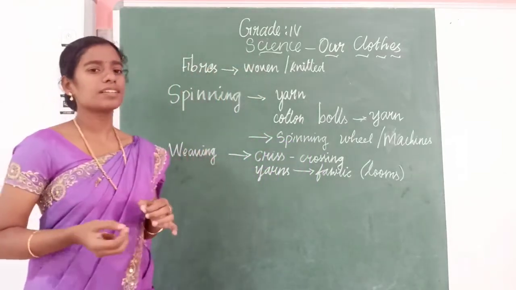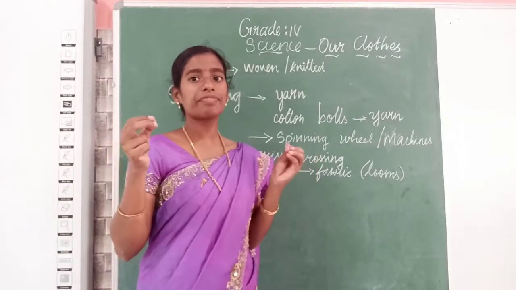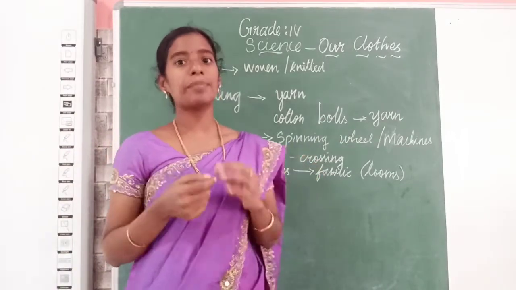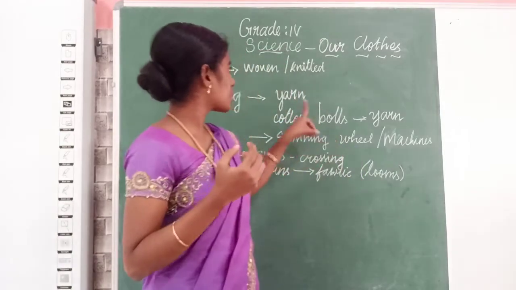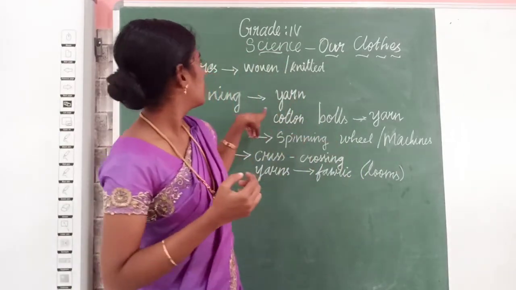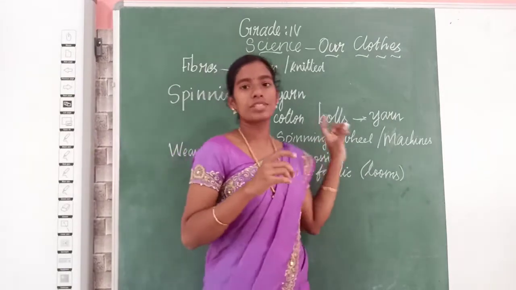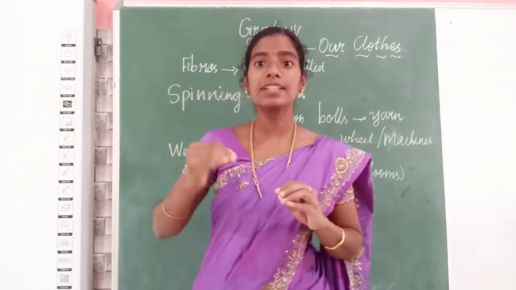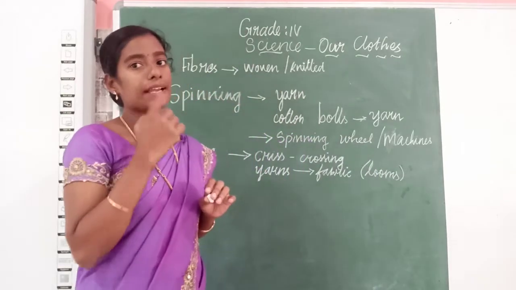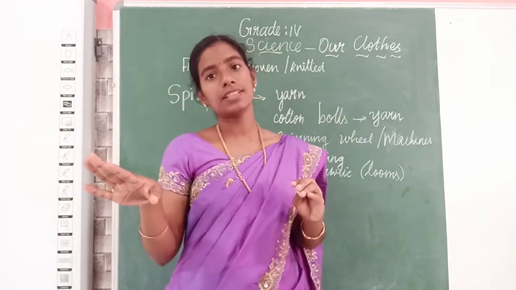Simply we say a fiber, cotton. For example, cotton you see. Cotton is something in the shape of balls, right? Cotton balls. From that we will make some other thing.